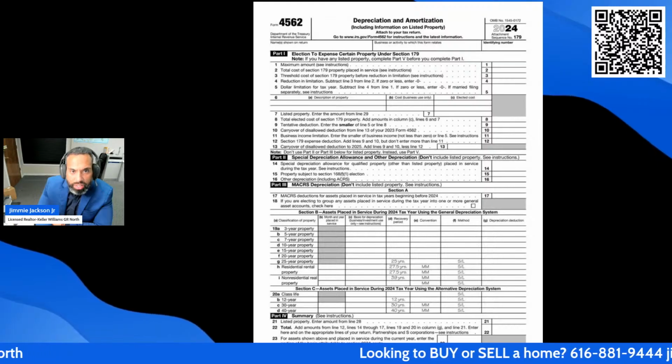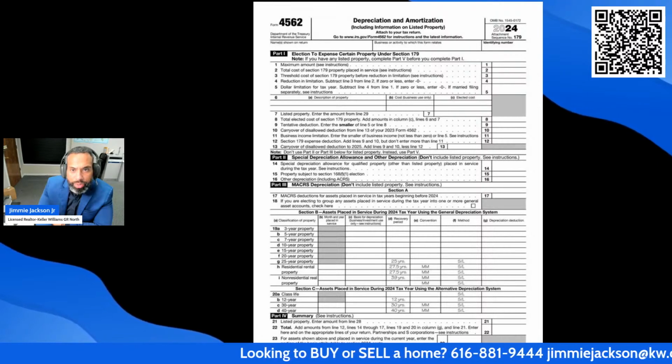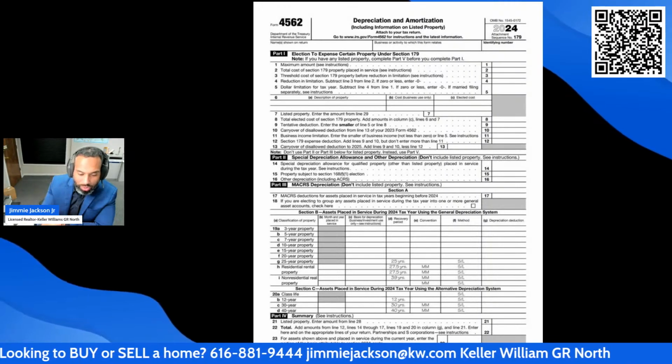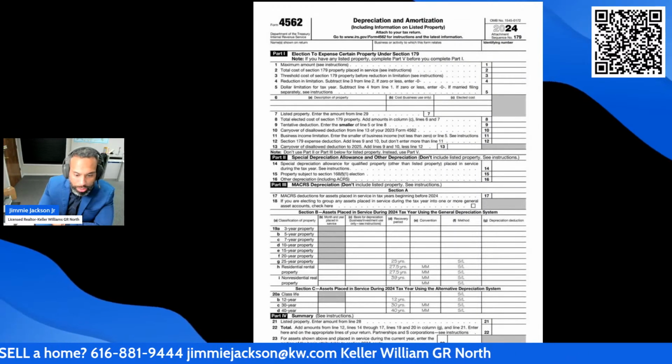Once again, this is form 4562. So this is the form you fill out after that. So it's kind of step by step on which forms to do.